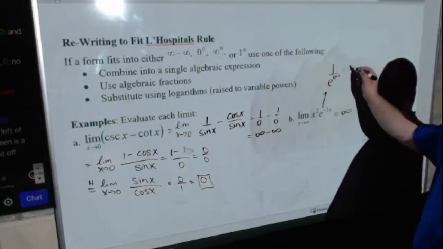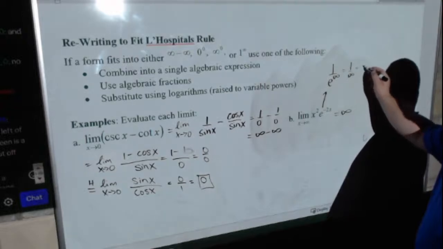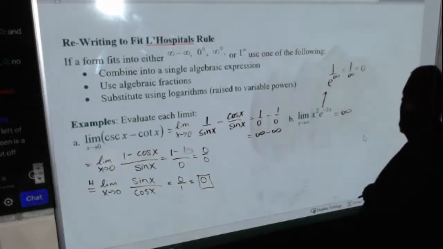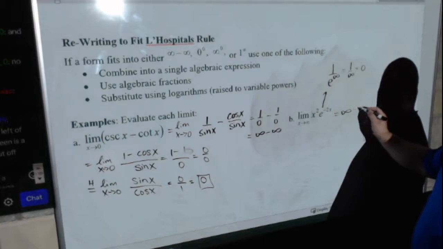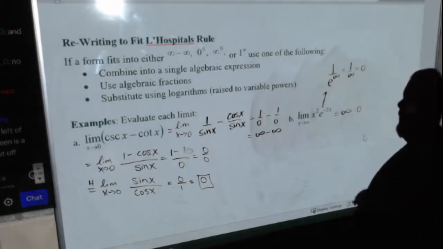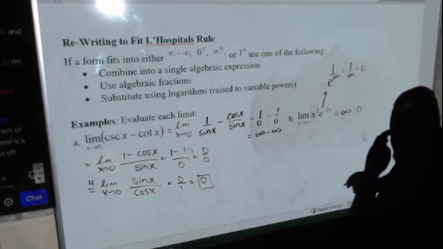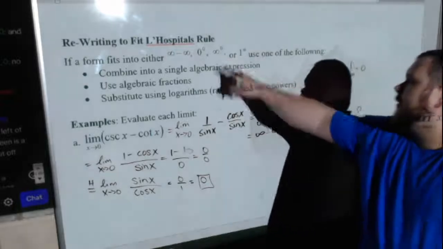And that's just 0. So we get infinity times 0 here. So that's one that's actually not listed up here.